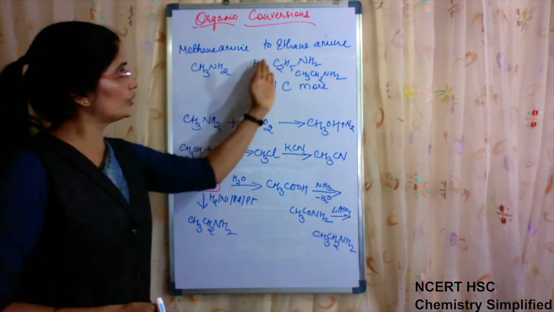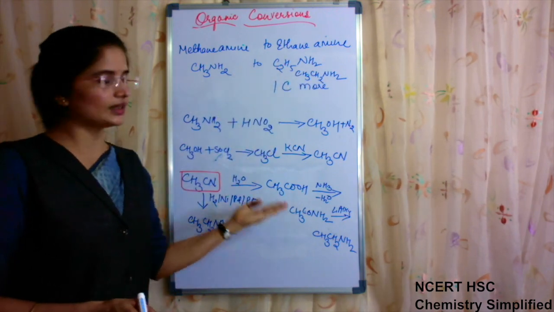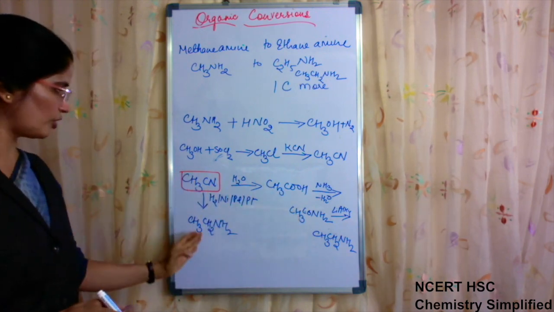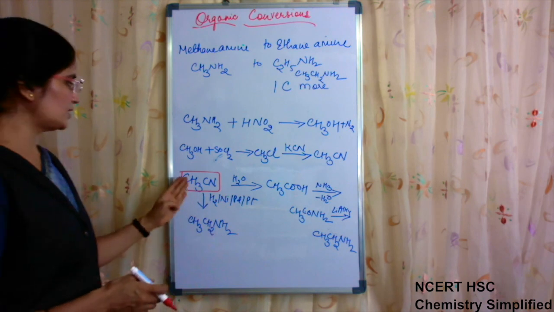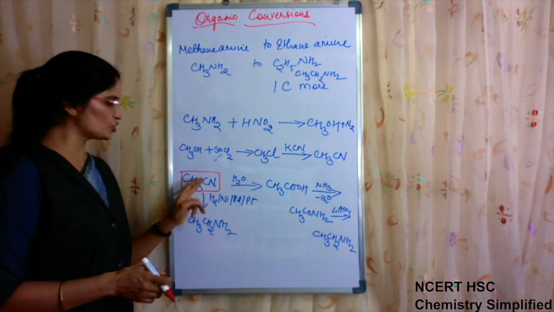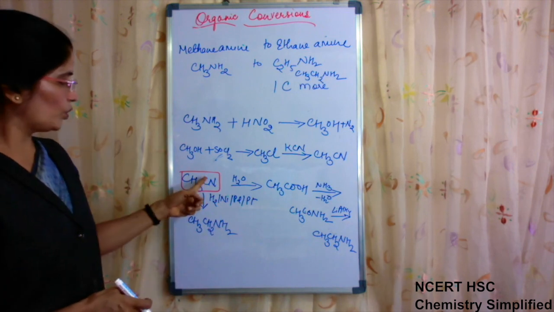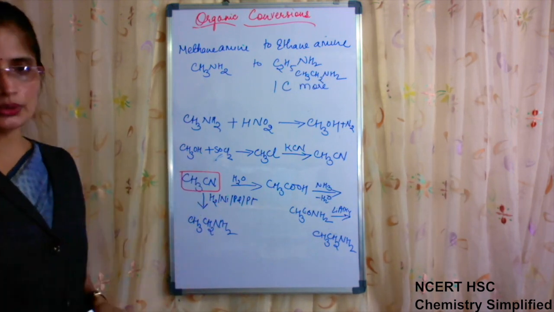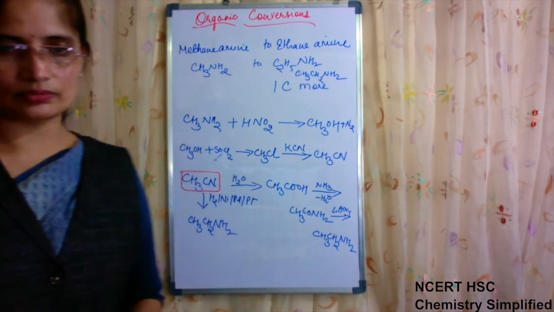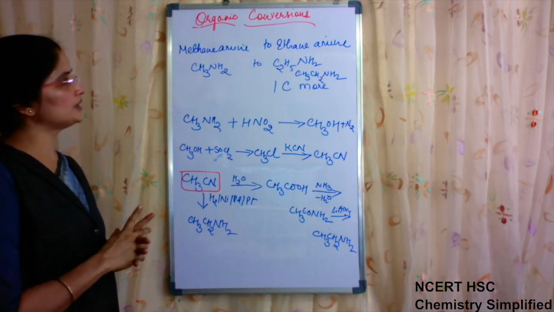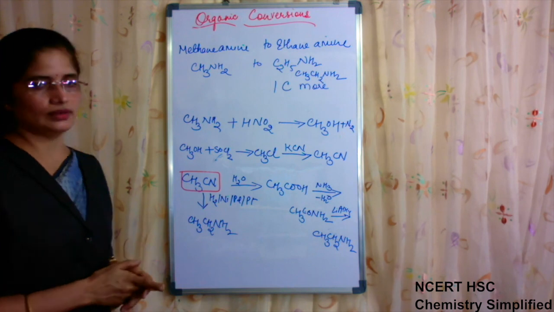If in the question they are asking for acid, then definitely you have to convert cyanide into acid. But if they are asking for amine itself, then this can be directly reduced to form amine with one carbon atom more, because this C will also provide one carbon atom. So this is the conversion of methanamine to ethanamine.